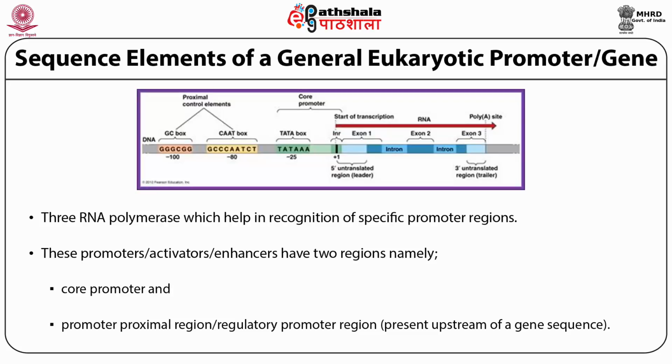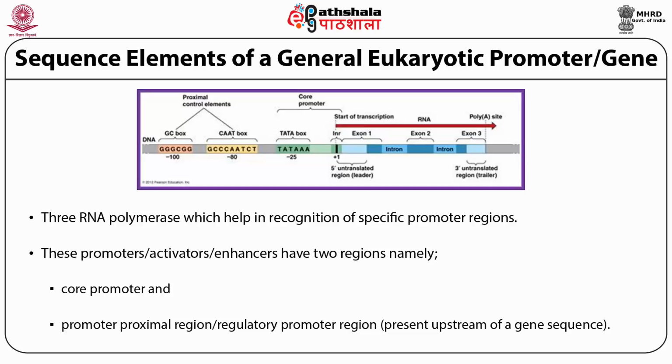Sequence elements of a general eukaryotic promoter or gene. The core promoter is located upstream of the initiation site and consists of -35 to -52 base pairs.